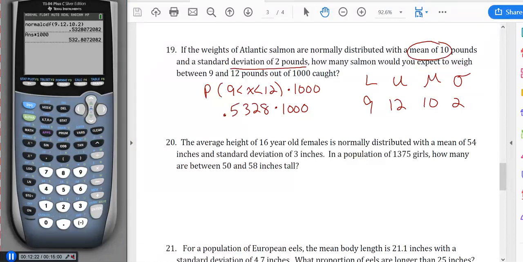I'm going to be left with my answer for this case, or pretty close to my answer, which is 532.8. Now we're not going to catch 0.8 fish, so I would round that up to 533. 533 fish out of those 1,000 are going to weigh between 9 and 12 pounds.